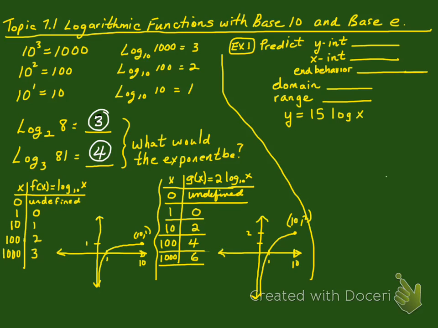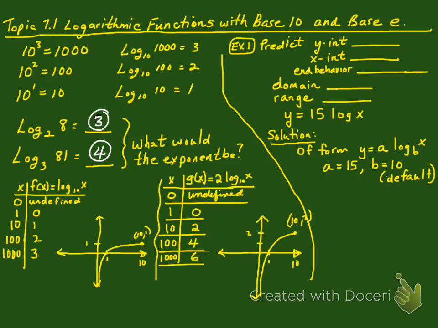Well, because 15 log x is really a times log b of x, we're going to say it's 15 log 10 of x, because there's a default. When they don't give b, b is automatically going to be 10. So in the first two that we did, 1 log 10 of x, 2 log 10 of x. This time we have 15 log 10 of x.